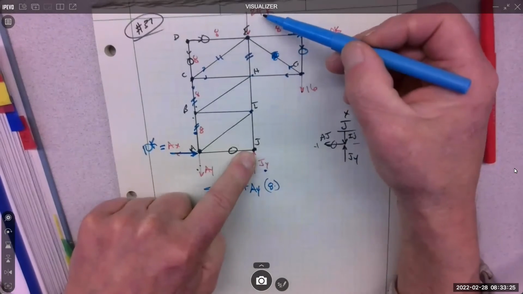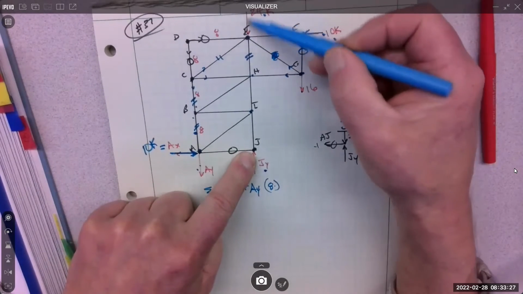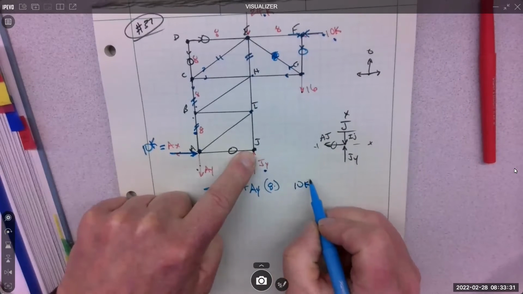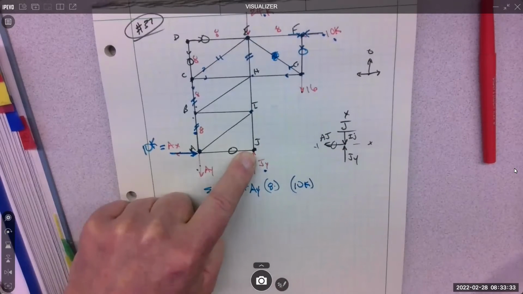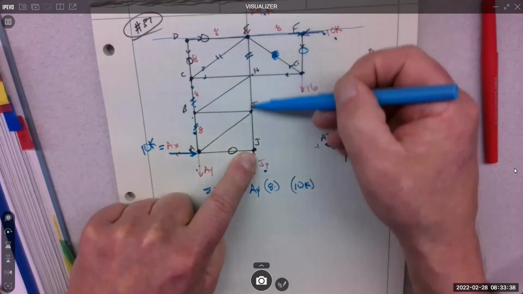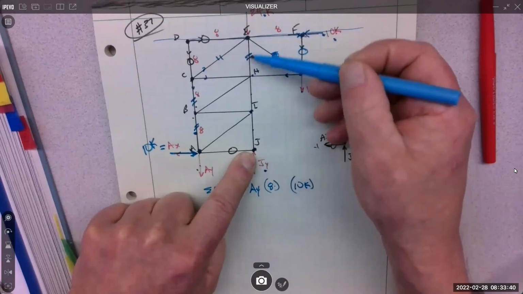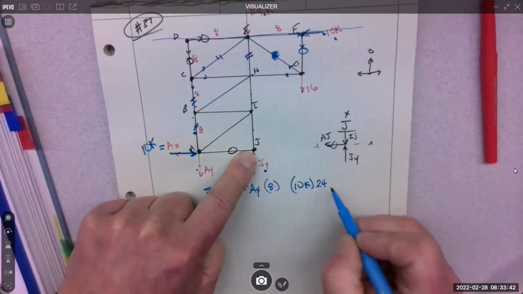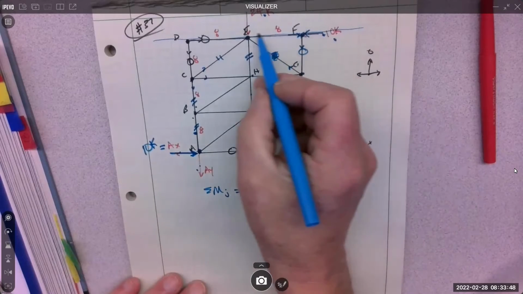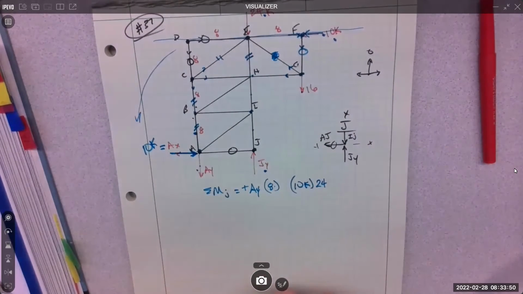The 24 drops out. 10K times, yeah, remember it's that line of action. Here's the perpendicular distance. 8 times 3 is 24. Rotation, spinning around that way, right? And positive.